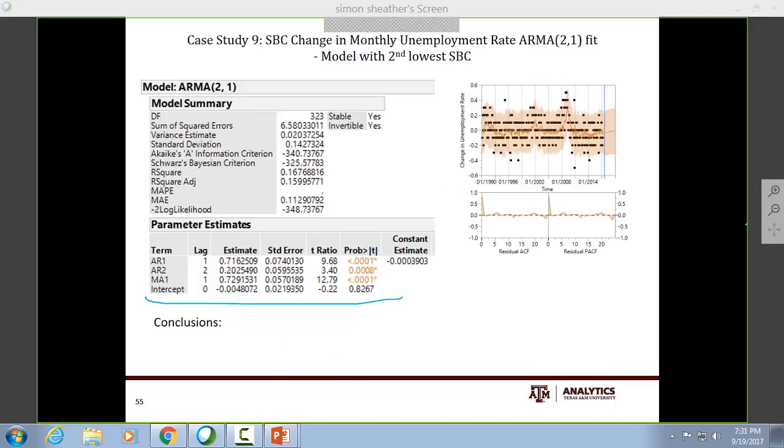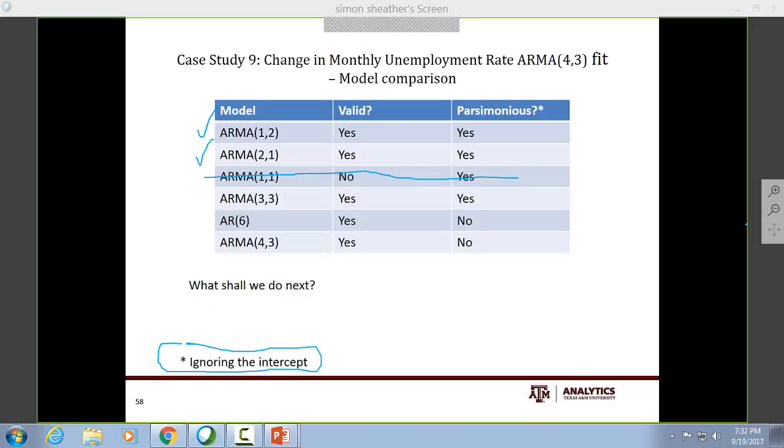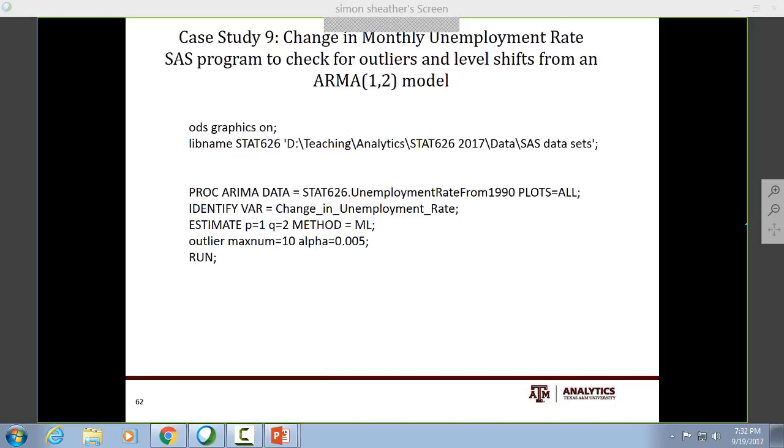Okay, so we're going to do ARMA 2,1. Now, I didn't see that many outliers, so we're going to do ARMA 1,2. So notice here in the code, I have P equals 1 and Q equals 2, and I'm using this SAS file.